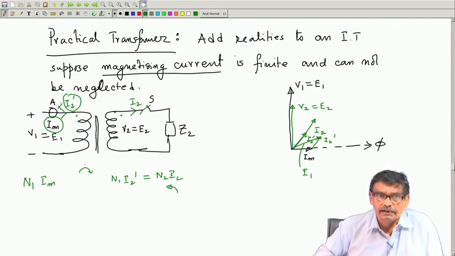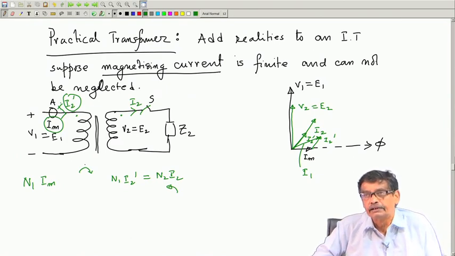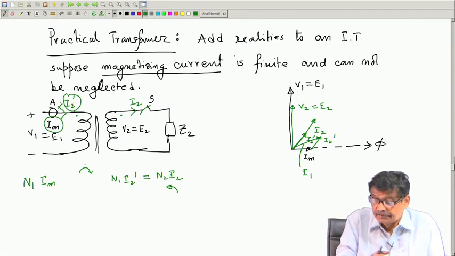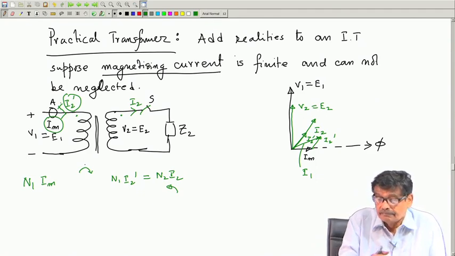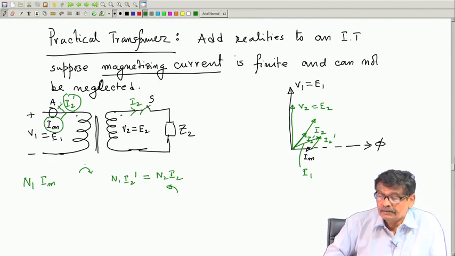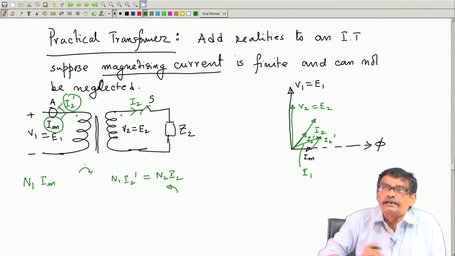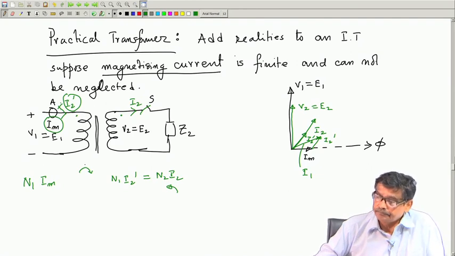I mean that I will add some parameters, some components in an ideal transformer, so that whatever I have seen happening in a practical transformer, those components will explain that thing correctly. That is the idea.